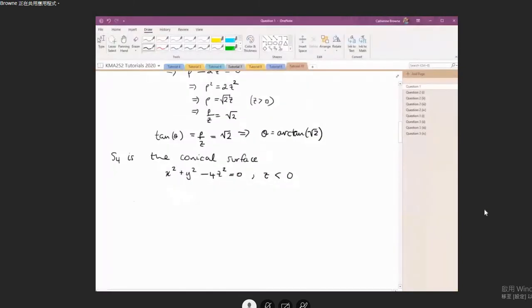So doing the same thing, x squared plus y squared is rho squared, minus 4z squared is equal to 0. So we're going to get rho is equal to minus 2z, because z is less than 0 this time. But rho has got to be positive, because that's how it's defined in cylindrical coordinates. So if z is less than 0, then we need this minus 2 here to make sure that rho is positive. So then we get sort of the same thing.